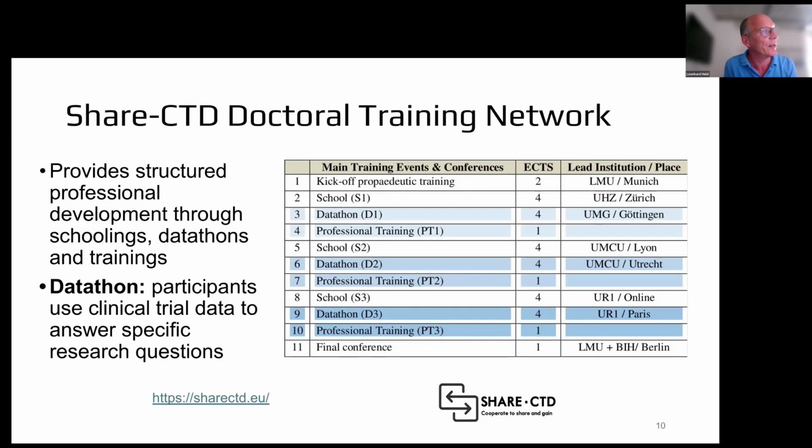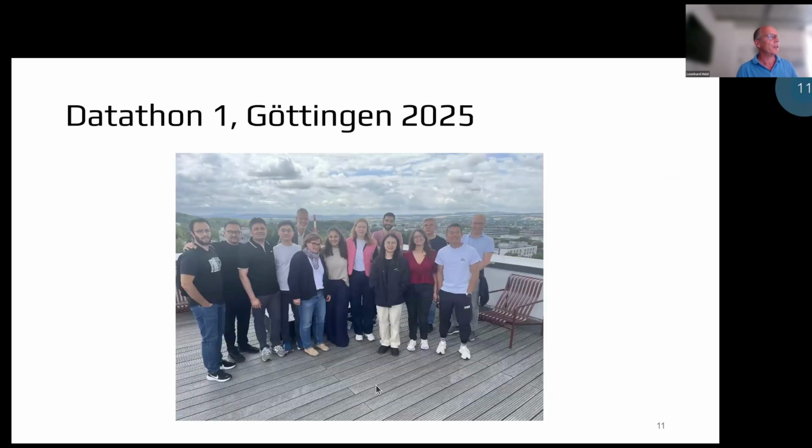And somewhat similar is the term datathon, where you use data and try to reproduce the findings. And what I will report are the results from this first datathon that occurred last year in this doctoral training network. And here you actually see a picture. That datathon took place in Göttingen in Germany, and that was the picture of the group. So you see PIs and PhD students of that project.